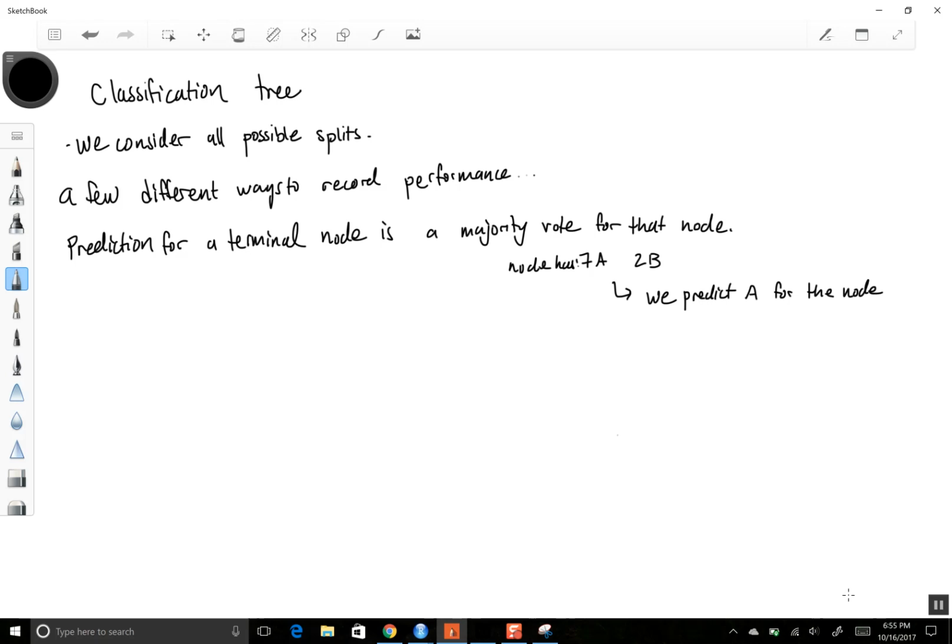And that's basically it. We have a few metrics. One is just prediction error rate. This is basically the number of misclassified predictions over the total number of data points.